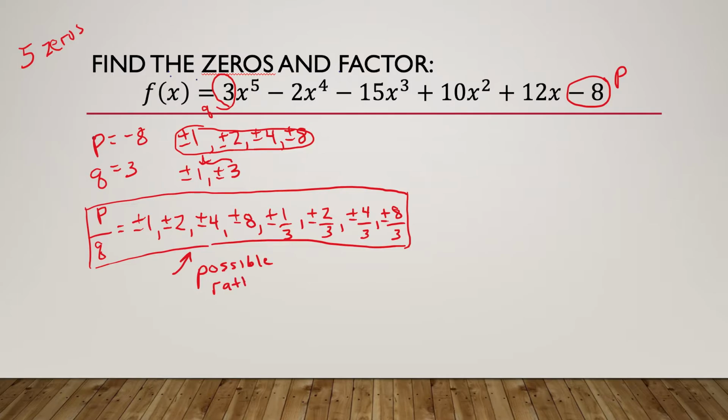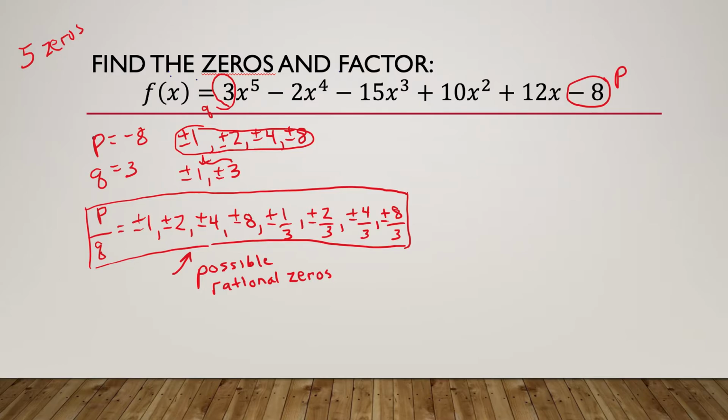All right, so remember that the thing that we did next was we sort of randomly picked one of these numbers and plugged it into the function, checking to see whether we got 0 or not. Now, because this is a 5th degree polynomial, we really need to find 3 zeros, because with every 0 that we find, the power reduces by 1.